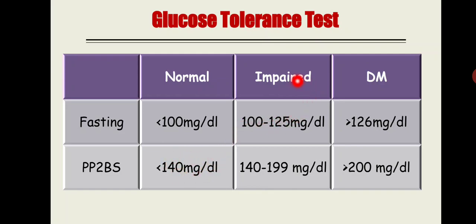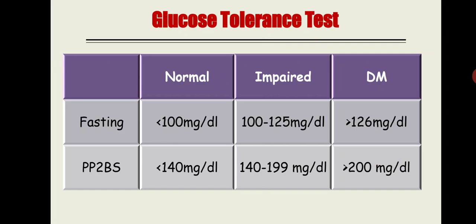In impaired glucose tolerance, the person's fasting blood glucose level falls between 100 and 125 milligram per deciliter, and PP2BS will be 140 to 199 milligram per deciliter. A person suffering from diabetes mellitus has a fasting blood glucose level more than 126 milligram per deciliter, and PP2BS more than 200 milligram per deciliter. So this is how you should interpret the mini GTT.